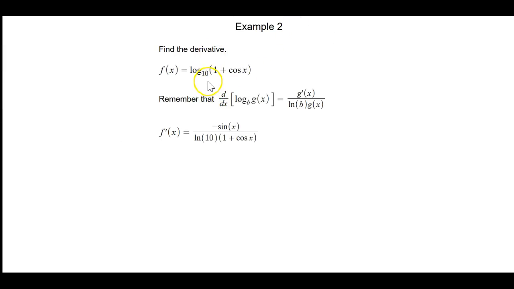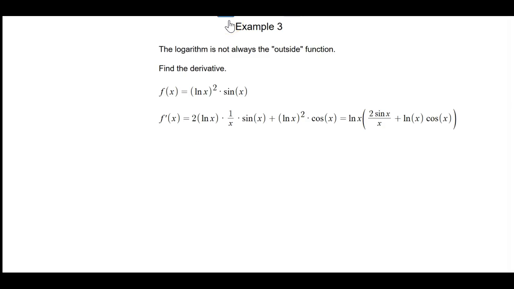So looking at this, I have log base 10, and my inside function is 1 plus cosine x. So I'm going to use g prime of x in the numerator, which is the derivative of this inside function, minus sine x, divided by ln of 10 times the inside function itself, which is 1 plus cosine x.